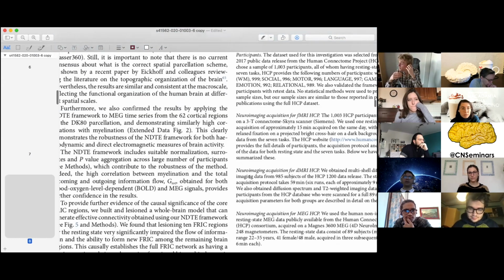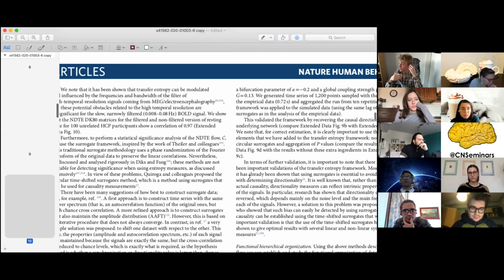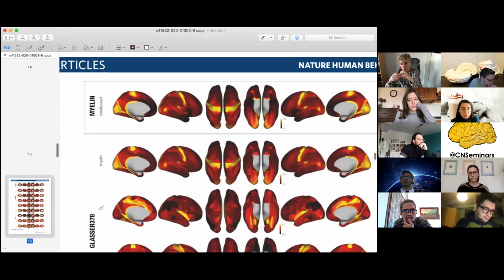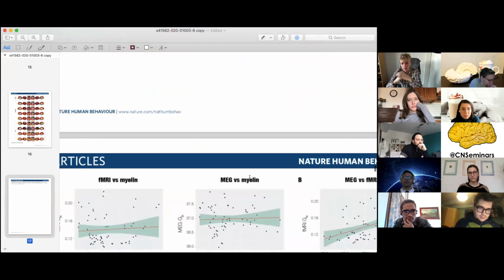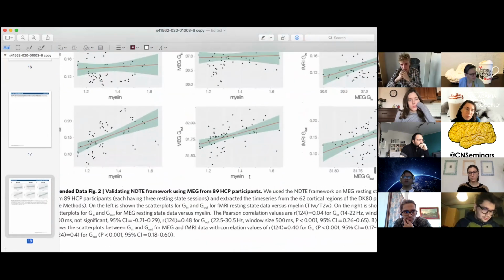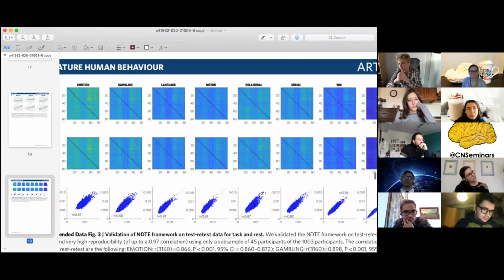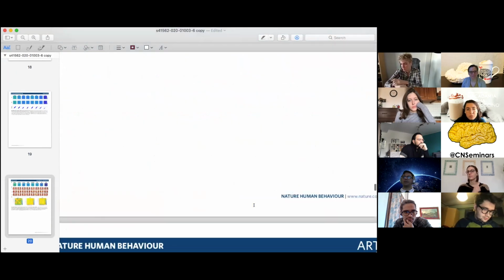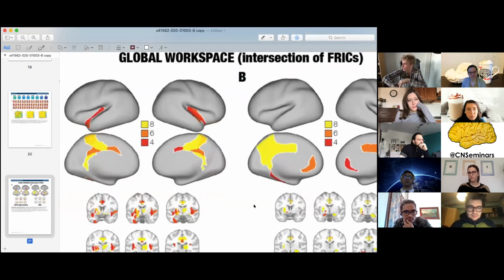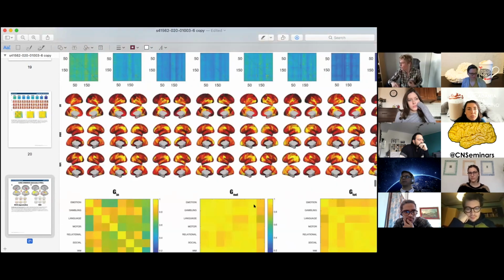That's about it. There's a lot of supplementary material where they show replication of their findings and the possibility to do that with other kinds of parcellation, a lot of correlations, a lot of matrices. It is a beautiful paper. It's been very well achieved. I'm very impressed. Do you have any questions?